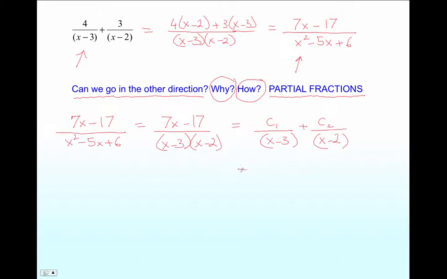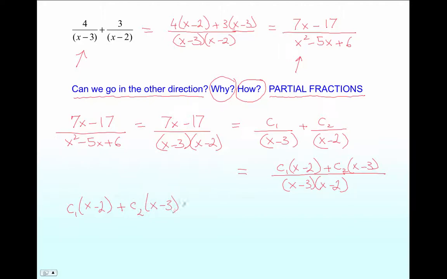Okay, so let's now take the common denominator, which is x minus 3 into x minus 2, and write this as c1 into x minus 2 and then plus c2 into x minus 3. So let me write this over here. We have c1 into x minus 2 plus c2 into x minus 3, and that's equal to the numerator 7x minus 17.